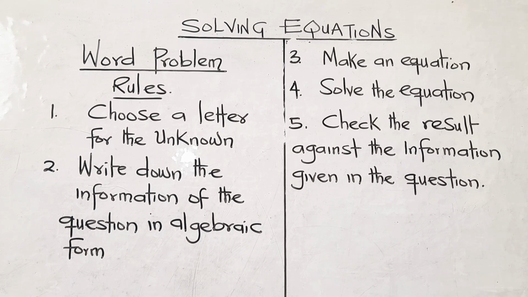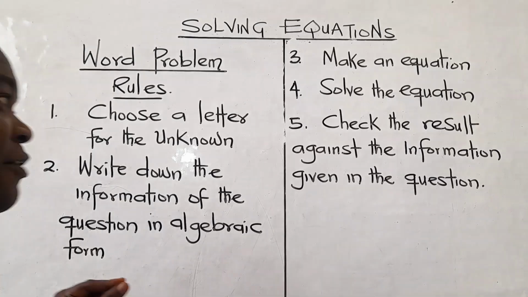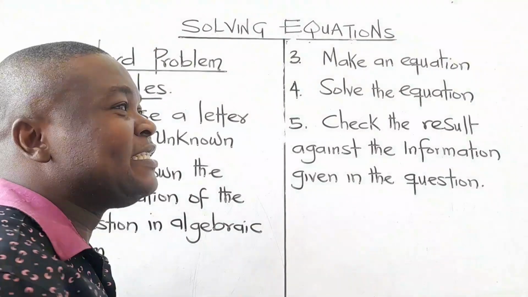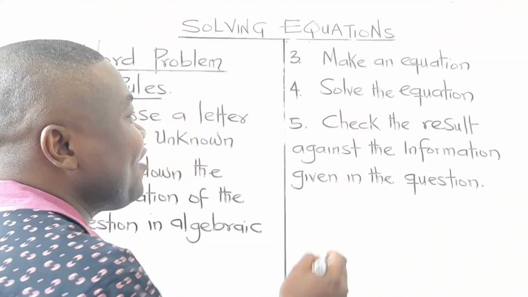If you follow these 5 rules, you will be fine. If you do not get the answer, when you check it back from your question, you will actually know what went wrong. The problem many students have is they do not have the time to check their results.